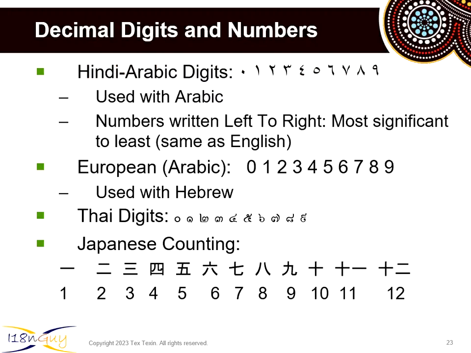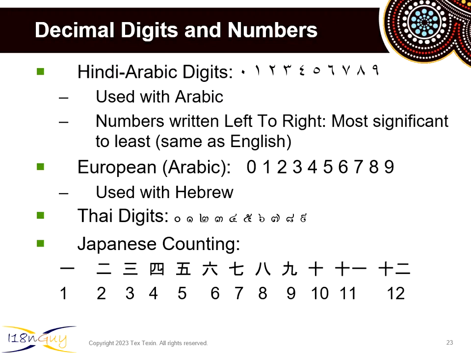Of course, languages need to use digits, and here you can see the digits used with the Arabic language. And just a side note that in Arabic, for most numbers written in the Arabic script, numbers are written left to right, not right to left. So the most significant digit comes leftmost.